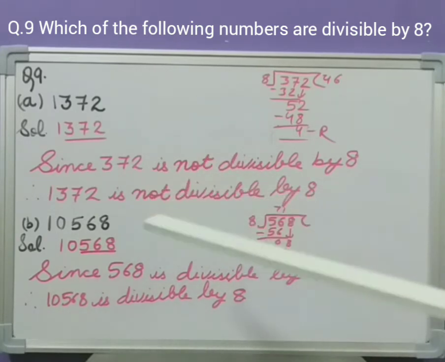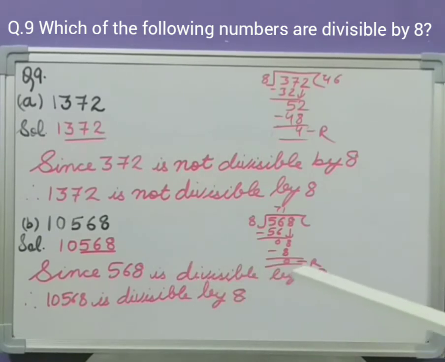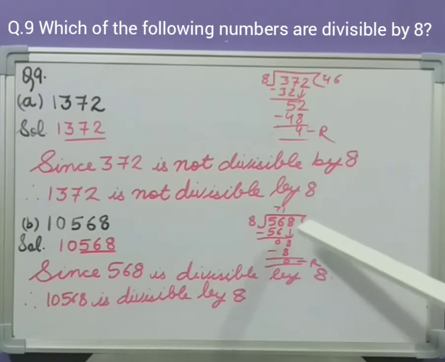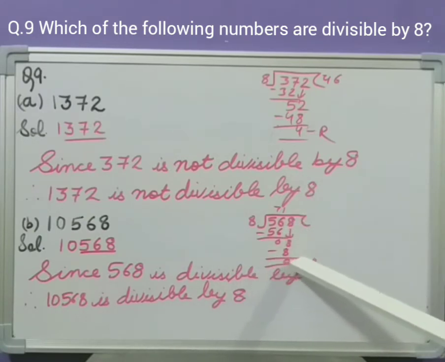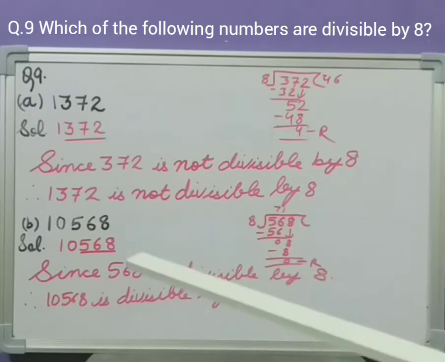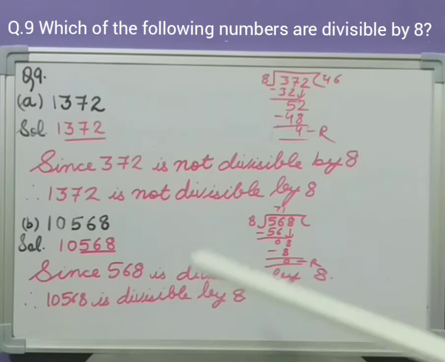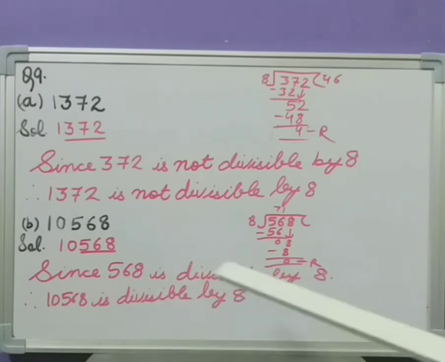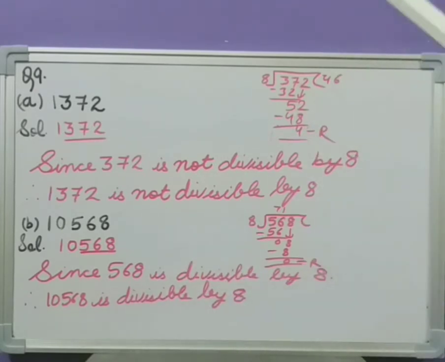B. 10,568. Now again we have to take the last 3 digits, and the last 3 digits are divisible by 8. Therefore, the whole number, that is 10,568, is divisible by 8.